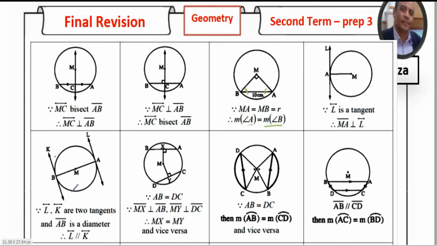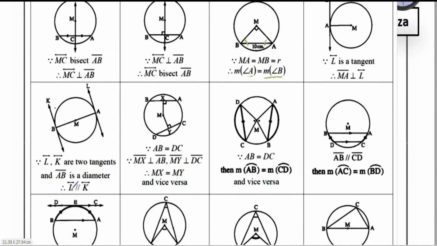The next, if we have two tangents of the circle, the straight line L and the straight line K are two tangents of the circle M at the end points of the diameter AB.